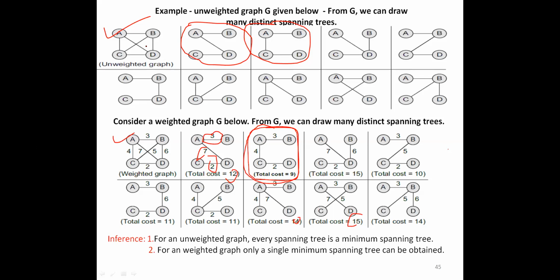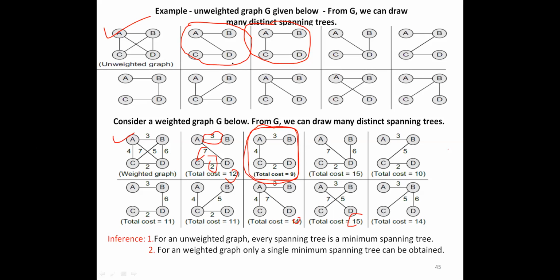But in the case of an unweighted graph, we cannot find a single minimum spanning tree, because we don't have weights. We have distinct spanning trees, but we don't have weights. So all the possible spanning trees are said to be minimum spanning trees in the case of an unweighted graph.